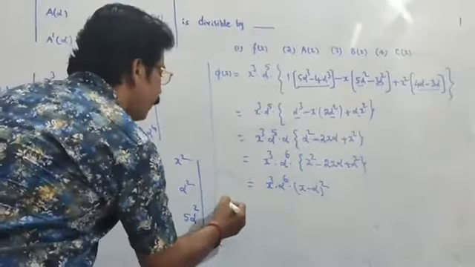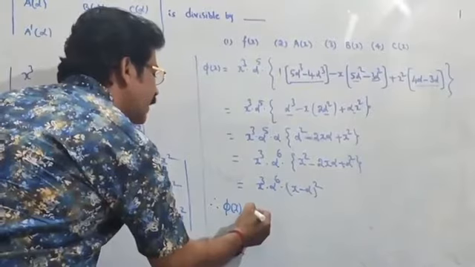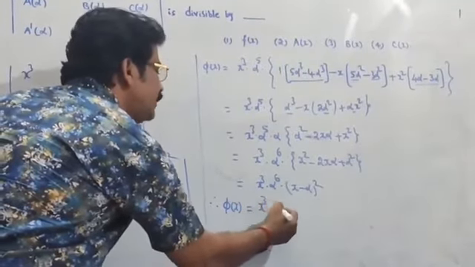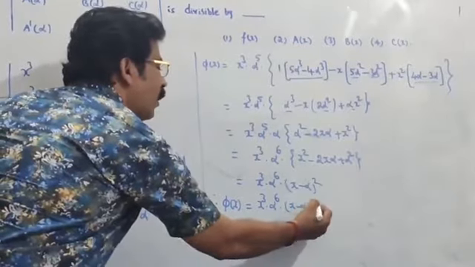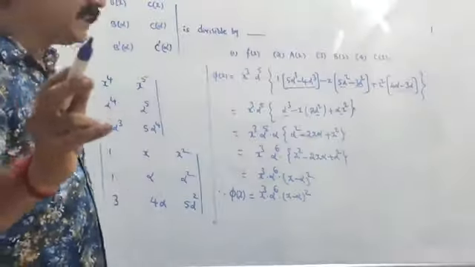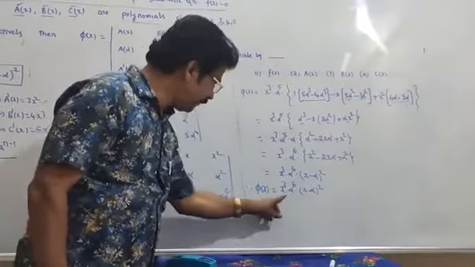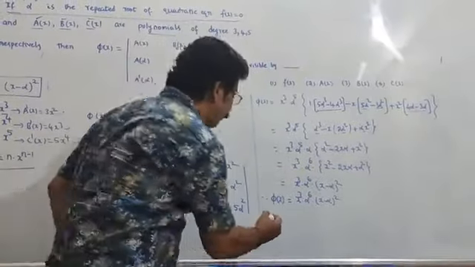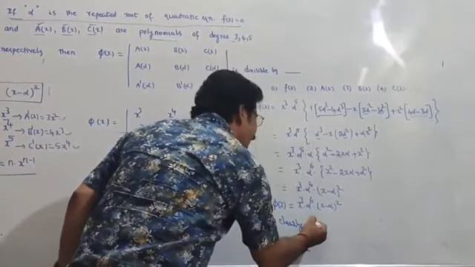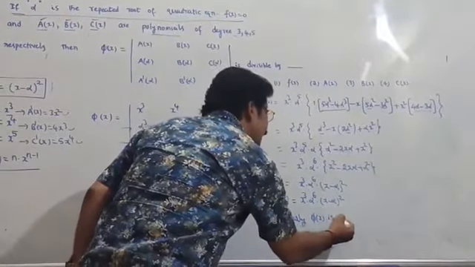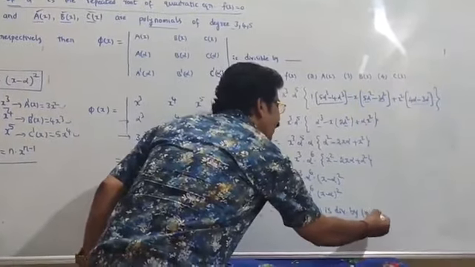So therefore phi of x is equal to x cubed into alpha to the power of 6 into x minus alpha whole square. Clearly we see that x minus alpha whole square is the factor of phi of x. So therefore clearly phi of x is divisible by x minus alpha whole square.